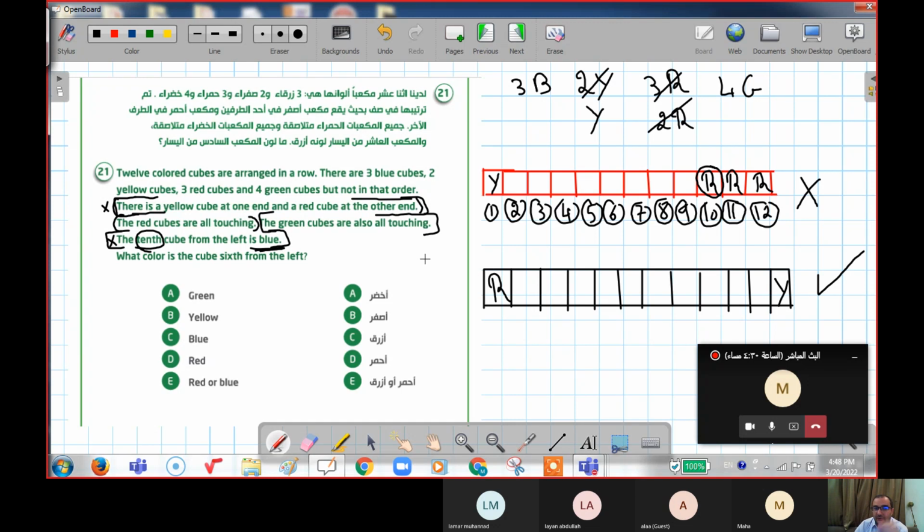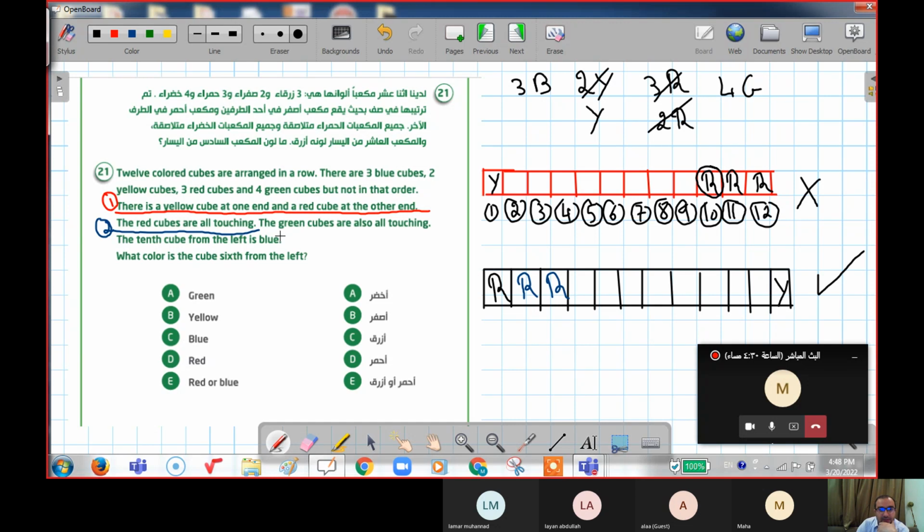Now, if we continue with the third condition, this is the first one, this is 1, this is 2. All red are touching, so I must put red here and red here.